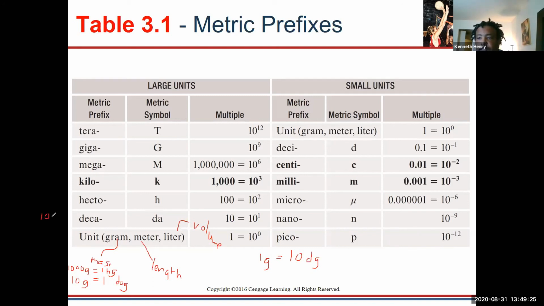A 1,000, well, it's a rough afternoon, I put too many zeros there. 1,000 grams is going to equal a kilogram.